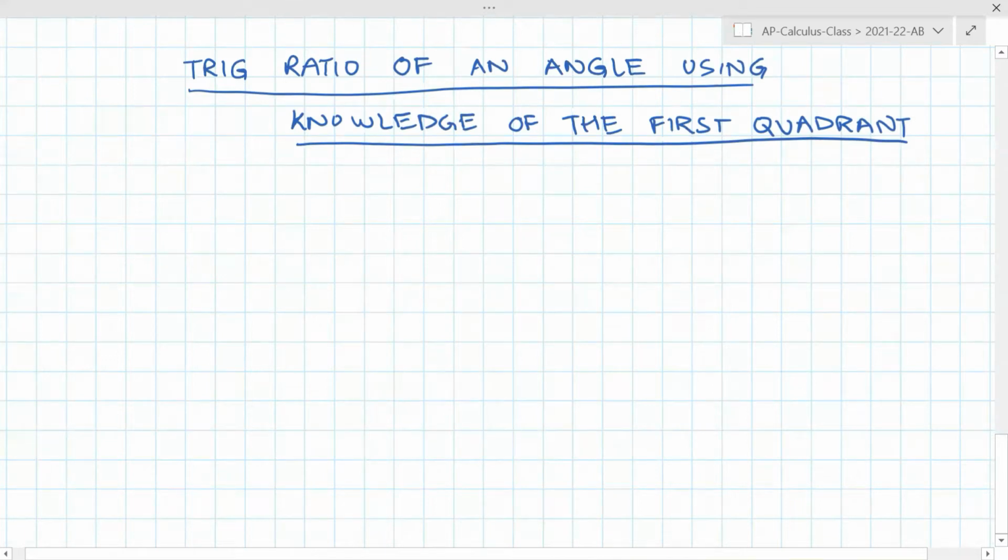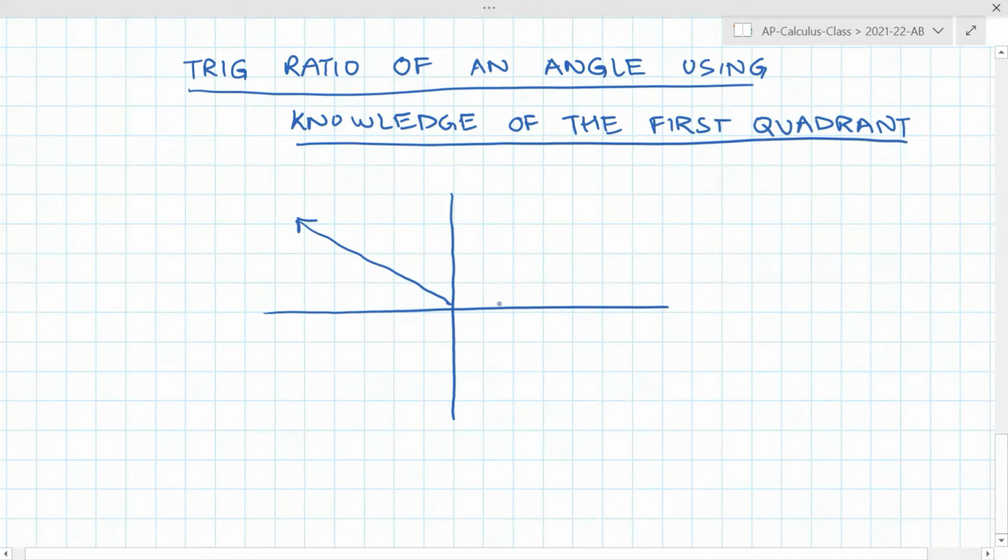So let's go back to what we learned previously about this idea of a reference angle. So let's say this is theta. This is the angle in standard position. The vertex is at the origin. Initial side is the positive x-axis, and the terminal side is wherever it is.